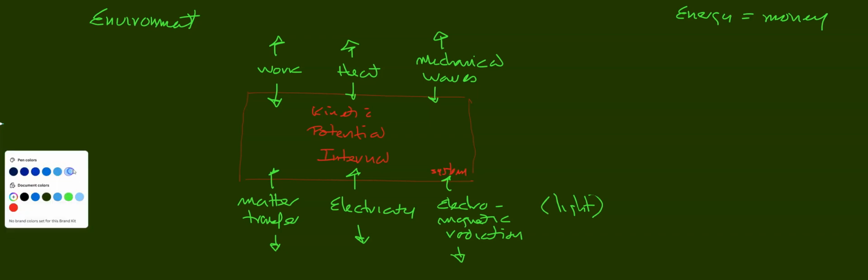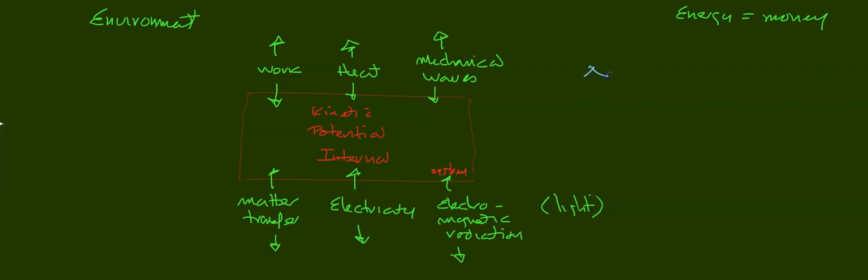Now, if you want to change the energy of the system, you need transfer of energy, right? You need energy crossing the boundary. We need to add all the possible transfers, T. The T is for transfer.